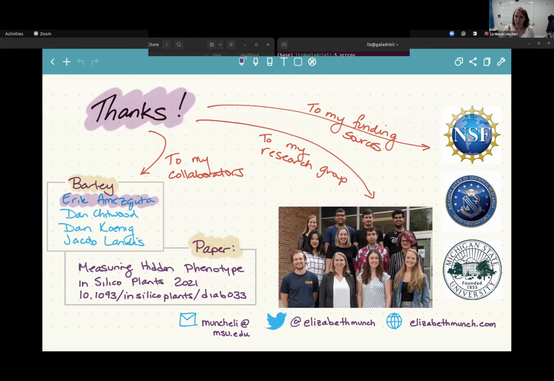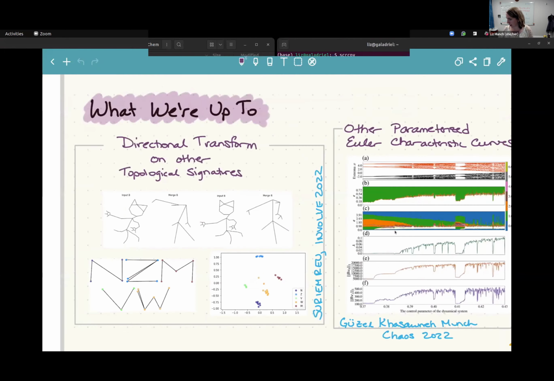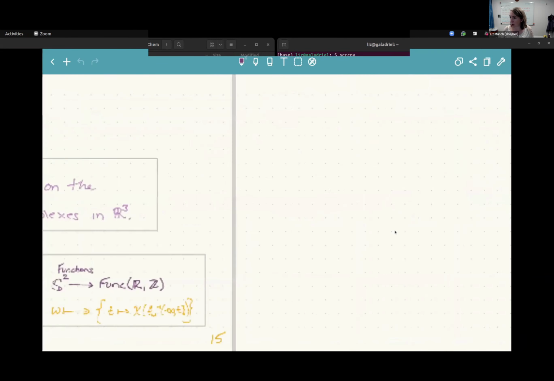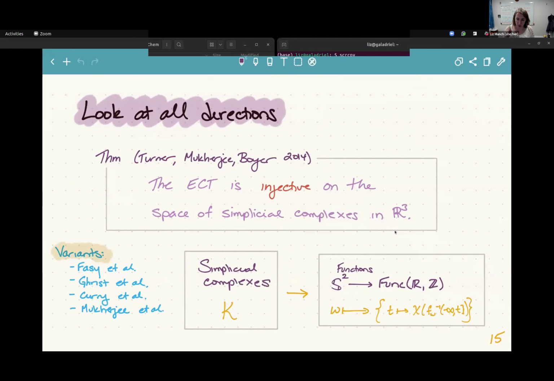Let me also back up. There's a lot of people doing various versions of a slightly different question from what you're asking, which is things like, how many directions do I actually need to promise you that I can completely distinguish these objects? And the answer is usually super nasty, and it's very much dependent on your particular input data. So there's a lot of very specific things you have to do to make sure that happens.